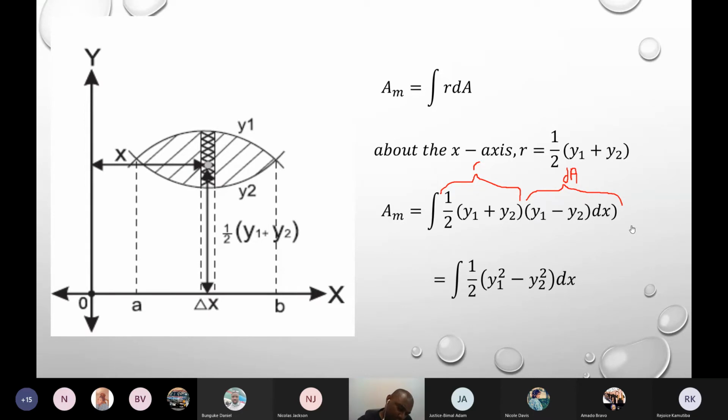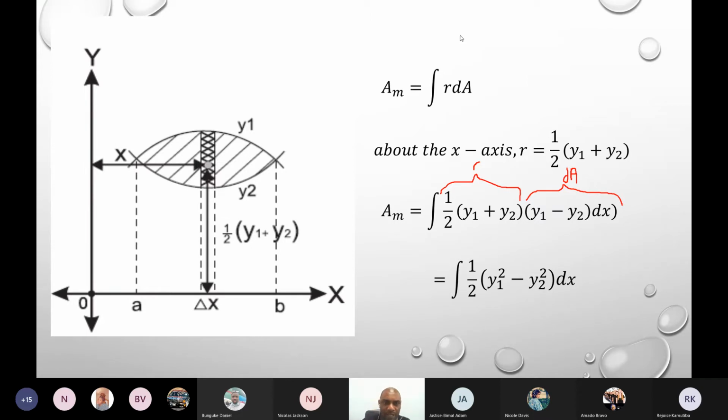Okay, N5 is talking about calculating moments. It's the same one, Daniel, because area moments are the same. For N5, it's a bit easier in the sense that they want you to just derive from first principles.